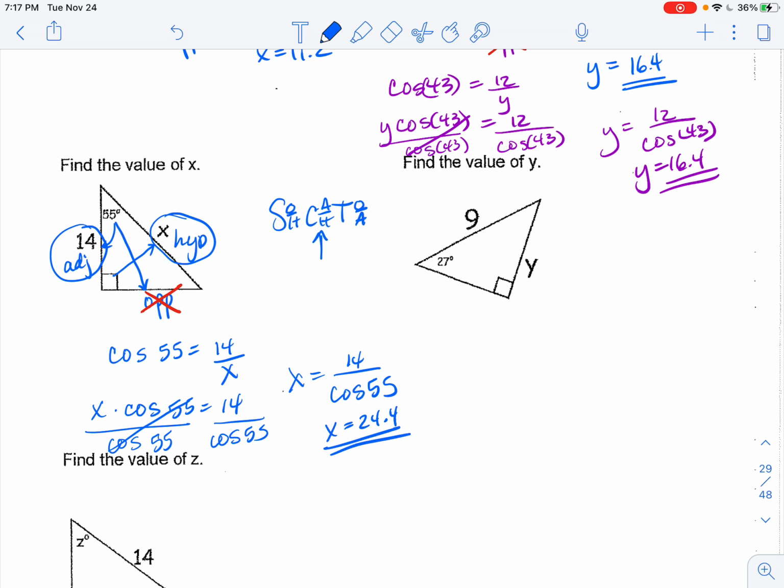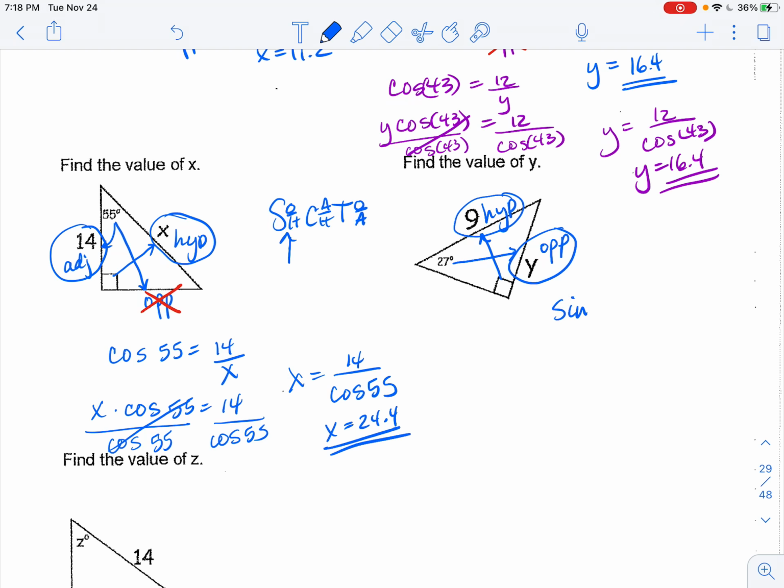All right, our next example, let's see, we go across the triangle. This is opposite. Across the box is hypotenuse. I don't want the adjacent because it doesn't have a number or an x. So I'm looking for hypotenuse and opposite. And this time, it's going to be the ratio of sine.